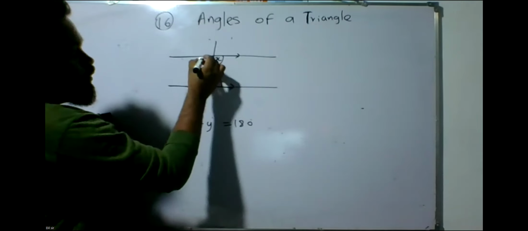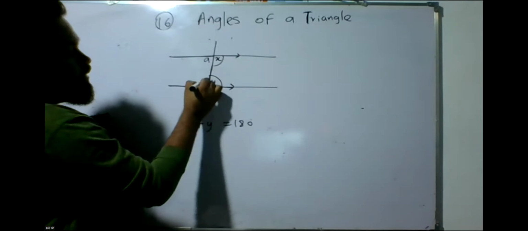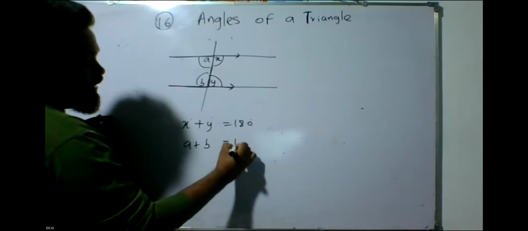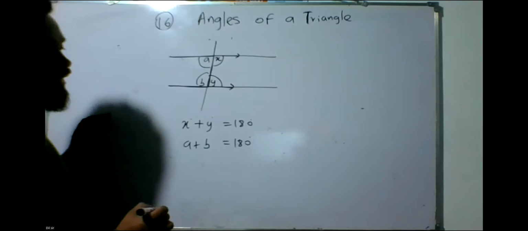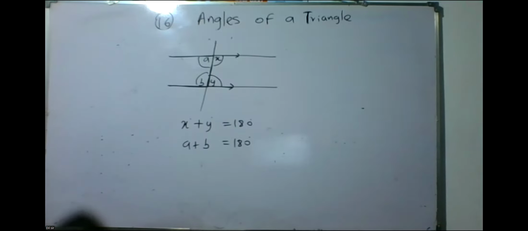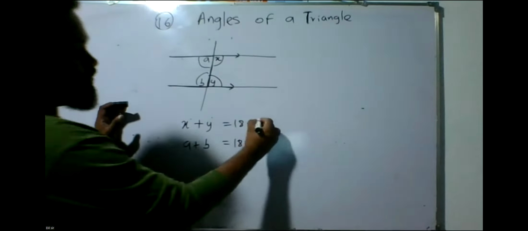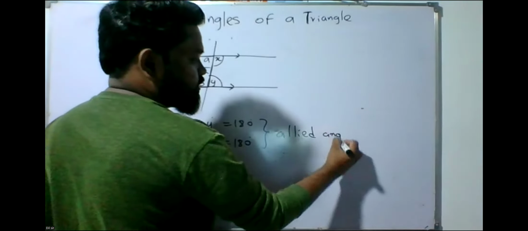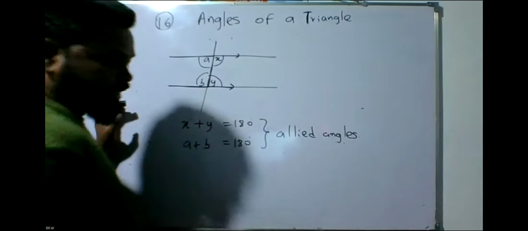Let's name that one A and B. Alright. A plus B is also 180. A pair of allied angles is not equal; they are supplementary. What are they? Allied angles, right? Allied angles are supplementary.